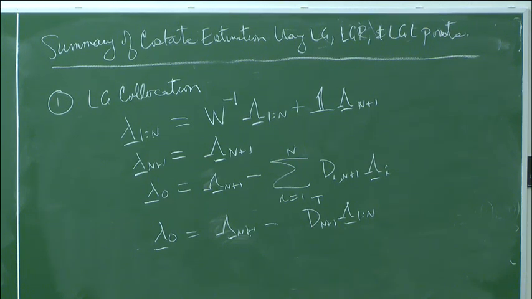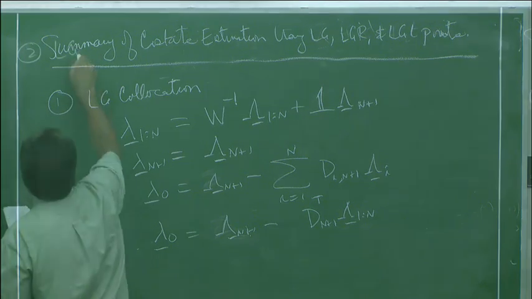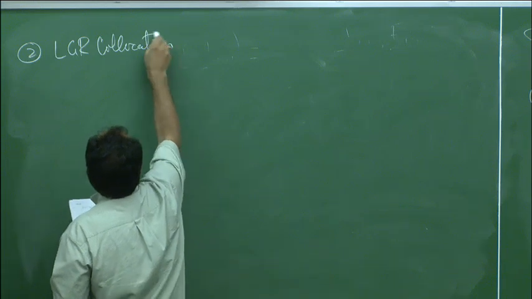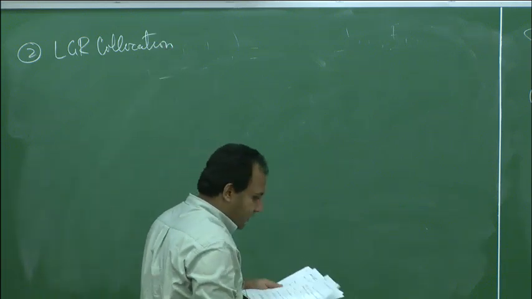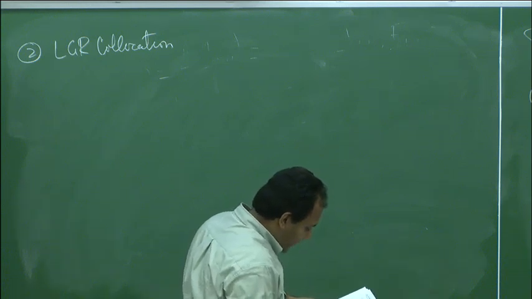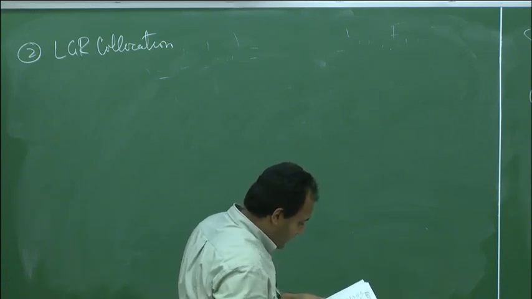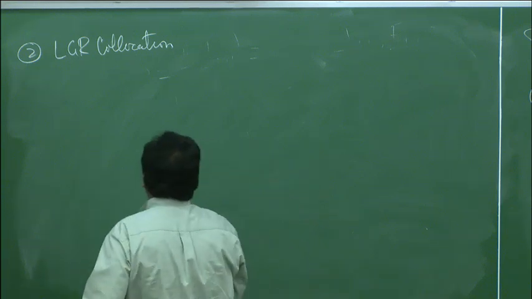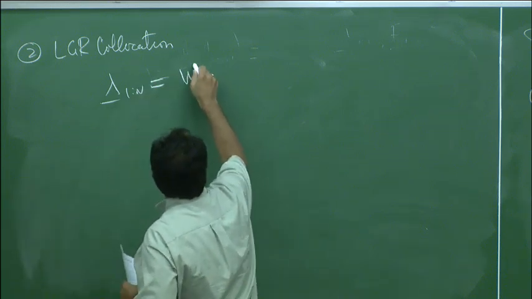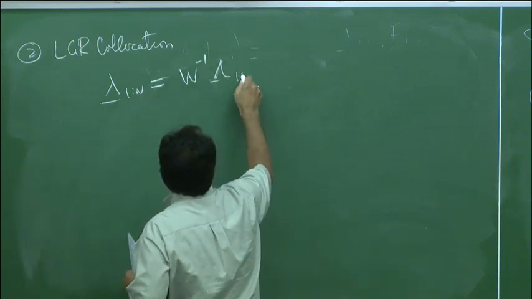In the case of Radau, the result is a little bit simpler. If I do LGR collocation, I wind up with the following result: lambda 1 colon n is equal to W inverse times the multipliers 1 colon n.